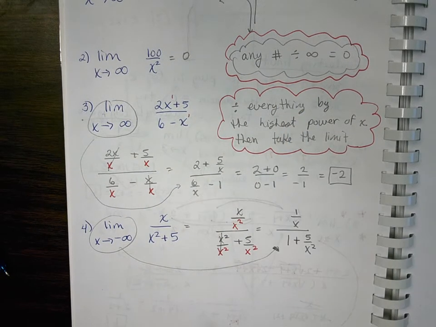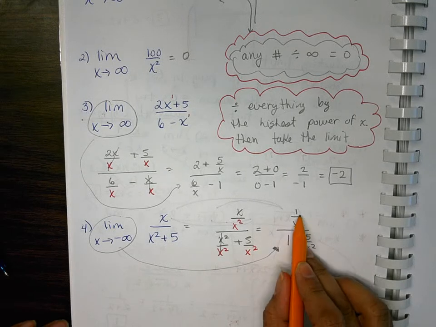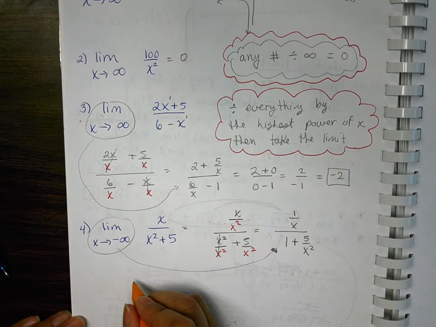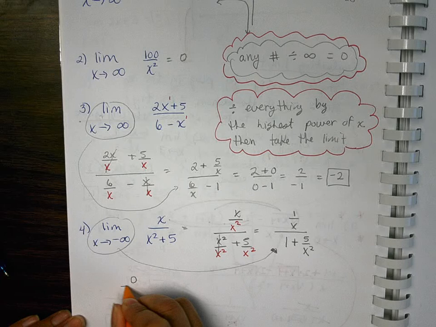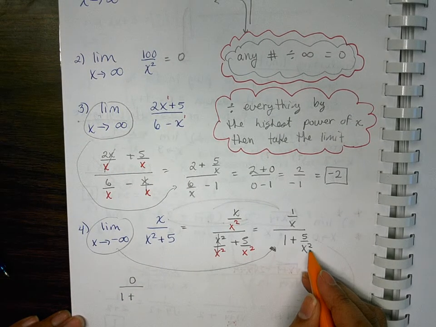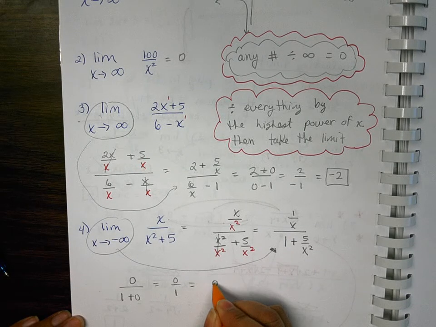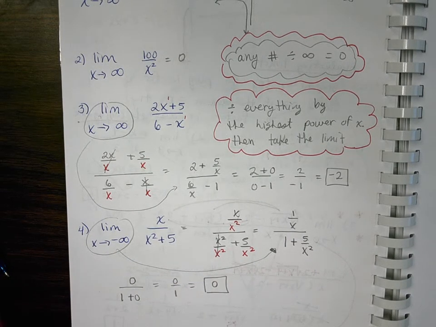And remember, any number divided by plus or minus infinity is 0. What do we end up with? Is it 0? What's 1 divided by infinity? 0 over 1 plus 5 over infinity? 0. So 0 over 1 is still 0.